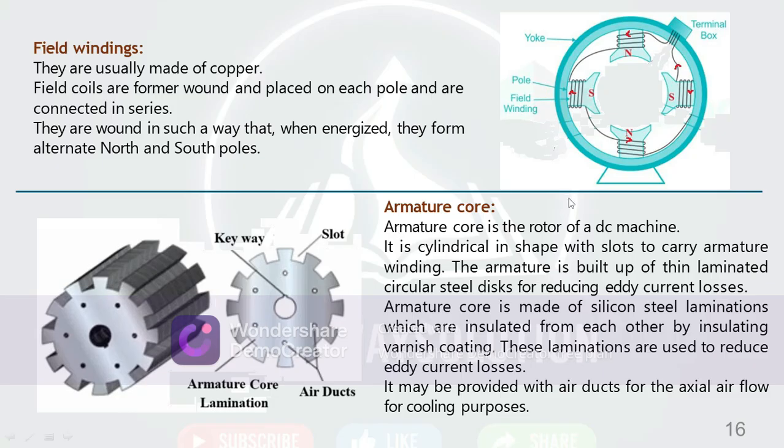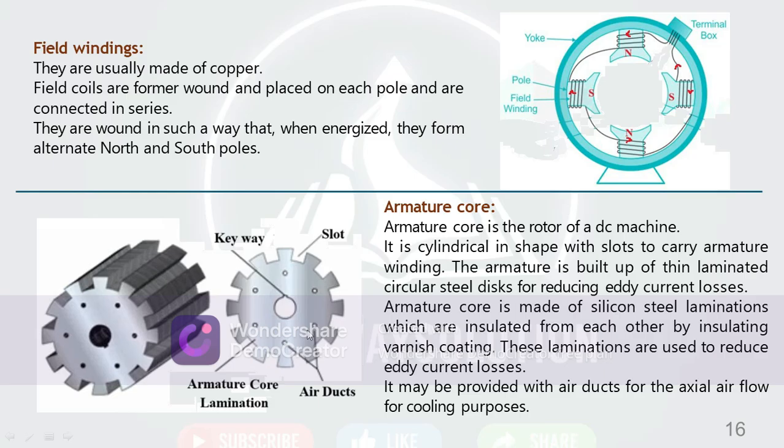Then next, the armature core. The armature core is the rotor of the DC machine. It is cylindrical in shape with slots to carry the armature windings. The armature is built up of thin laminated circular steel to reduce eddy current losses.